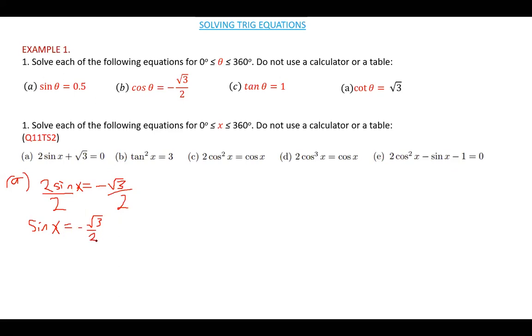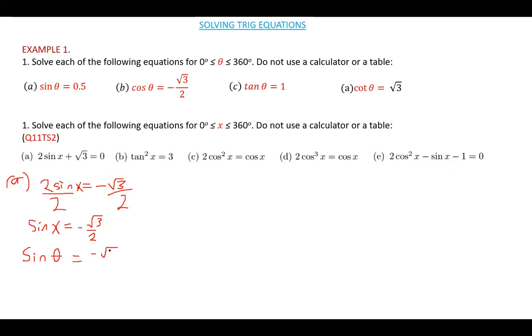So the best way you can handle such a situation is that, instead of putting x here, you say sine theta (you can use phi or theta) is equal to the positive of that.